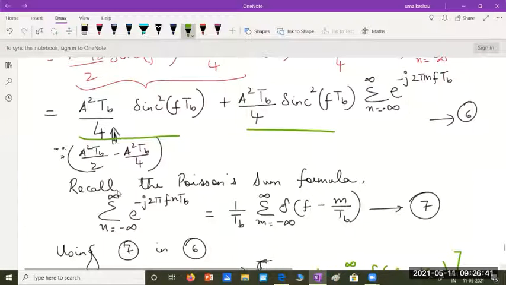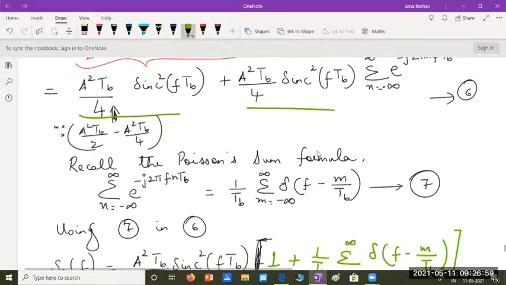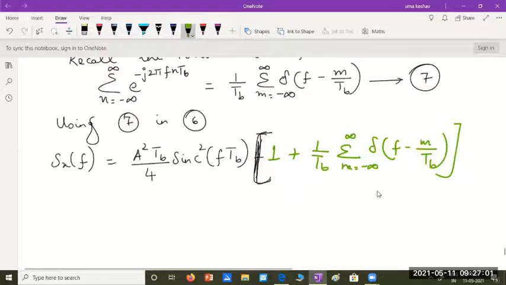So I have converted this summation of exponentials to a summation of impulse functions using the Poisson formula, and I have taken this amplitude a square Tb by 4 sinc square fTb as the common factor among both. So I'll be getting this equation.